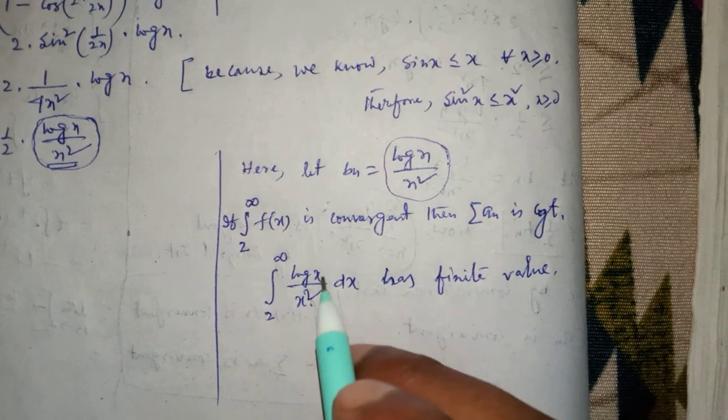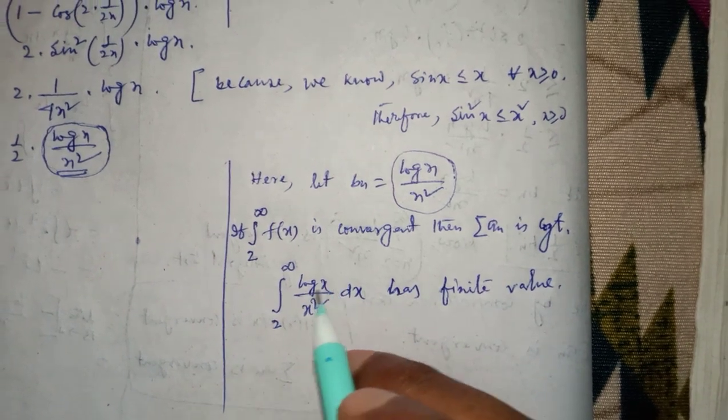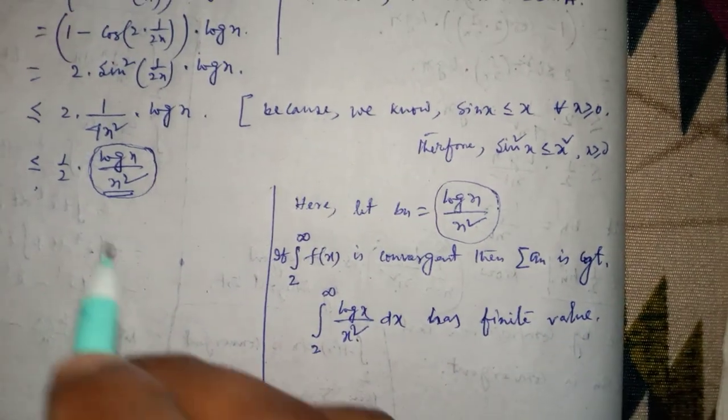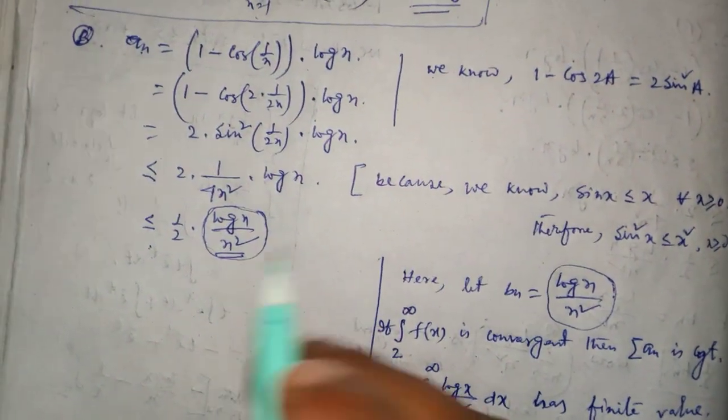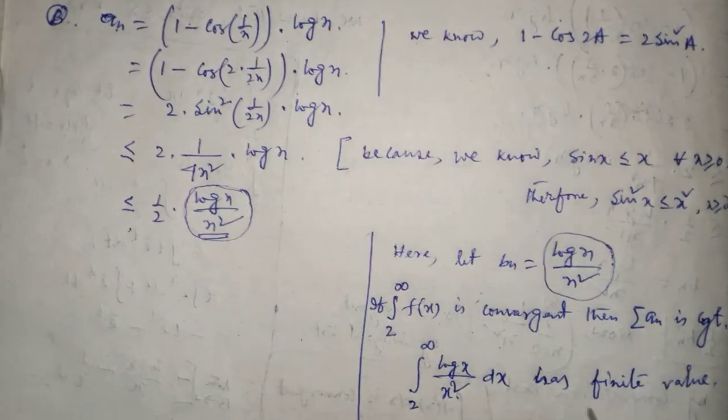We all know the integration. So the series log n by n square is convergent, has finite value.